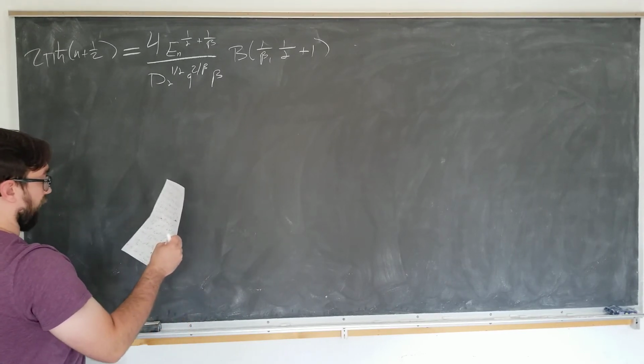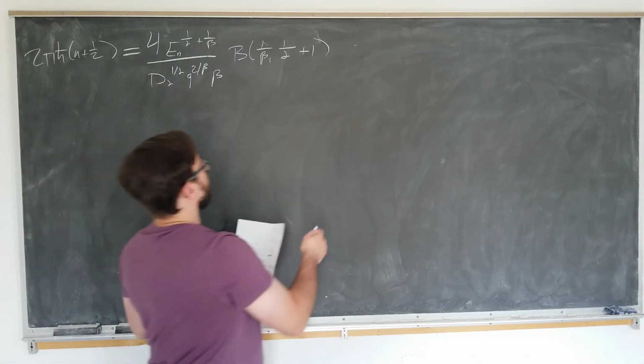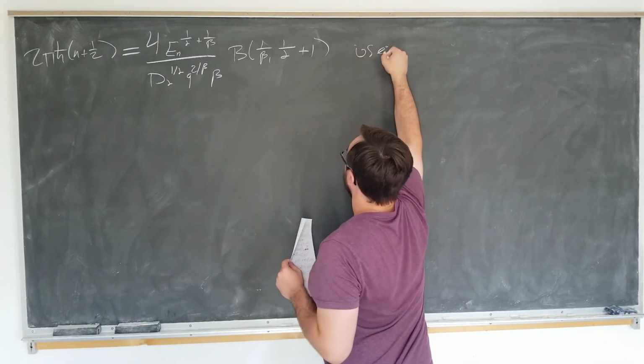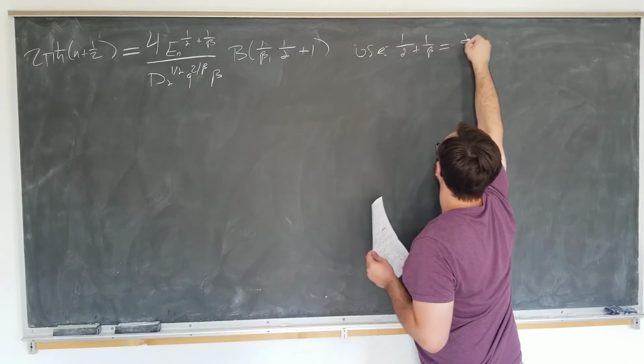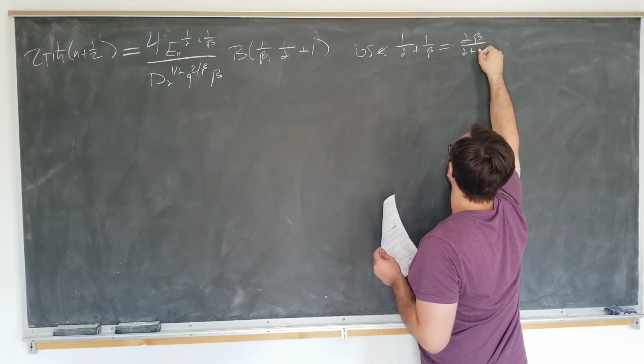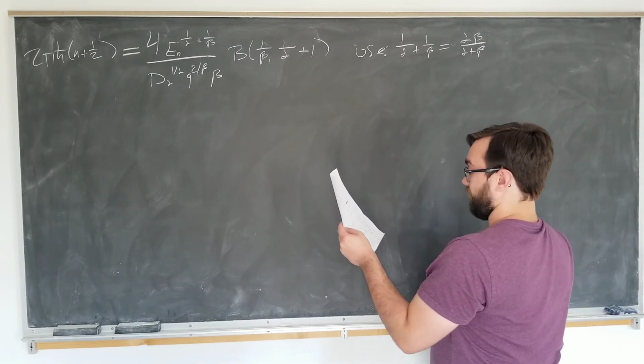And I'll just go ahead and do this for you. We'll be using the fact that 1 over alpha plus 1 over beta is just alpha beta over alpha plus beta. Not too hard to derive.